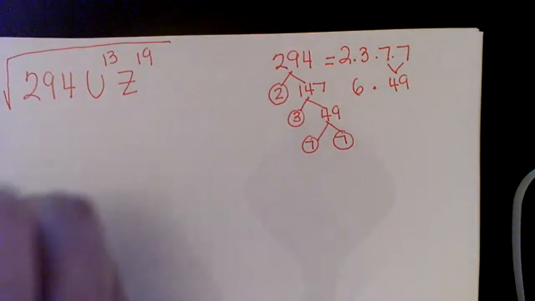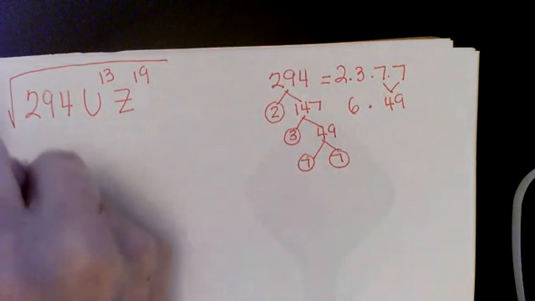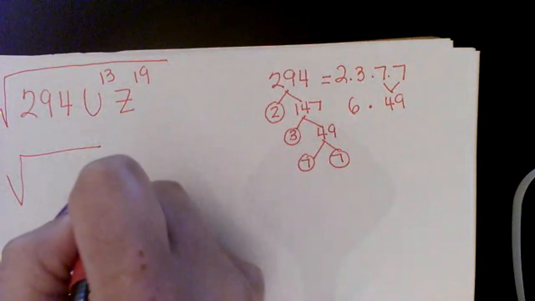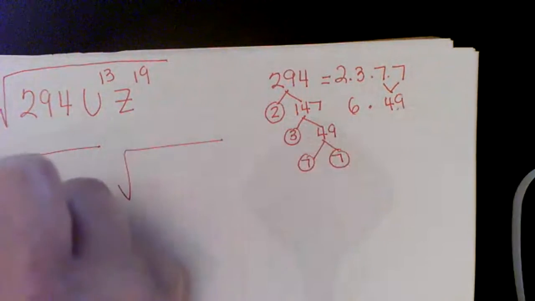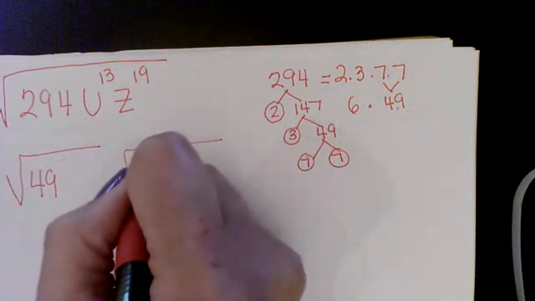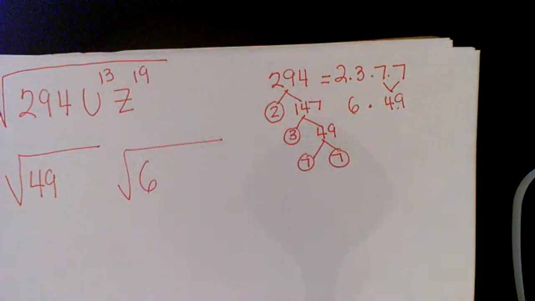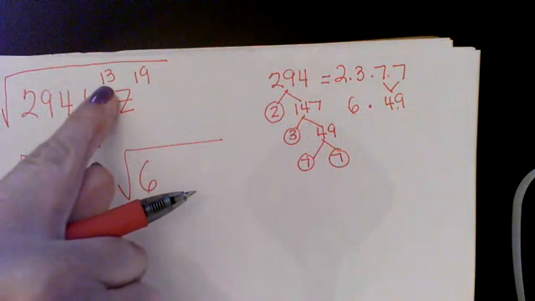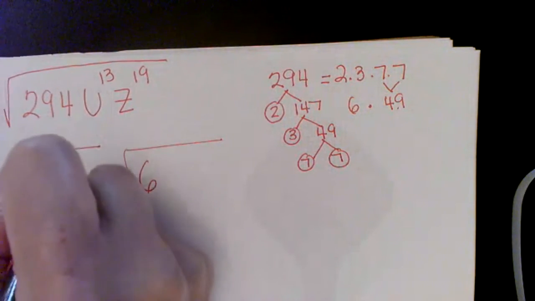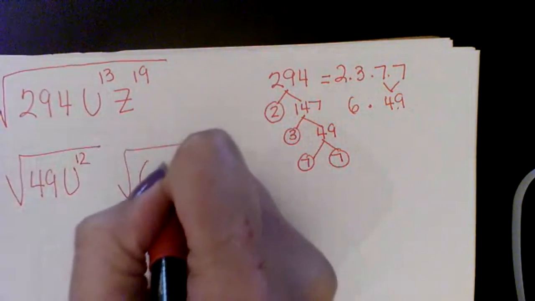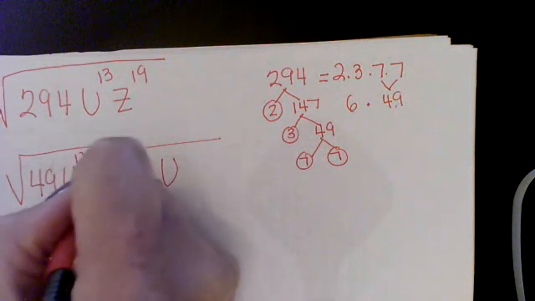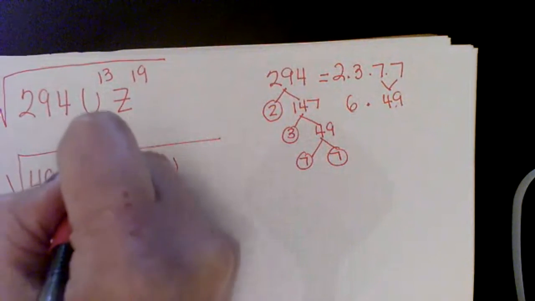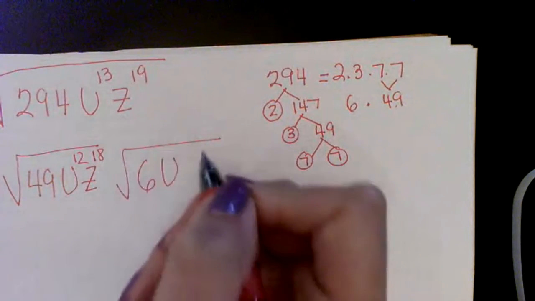So let's do it. Here is going to be, always going to have 2. So the 294 is going to be divided in 49 and 6. The u needs to be what? To the 12 and just 1 u, because 12 divided by 2 is 6. Z is going to be 18, because 18 divided by 2 is 9.